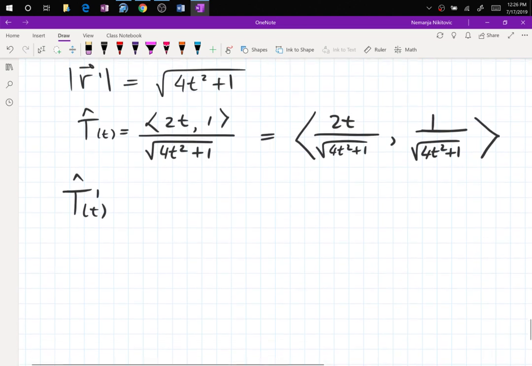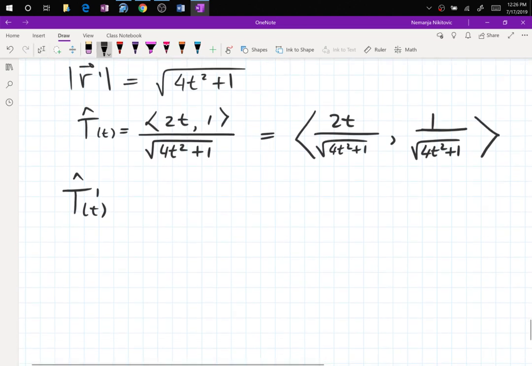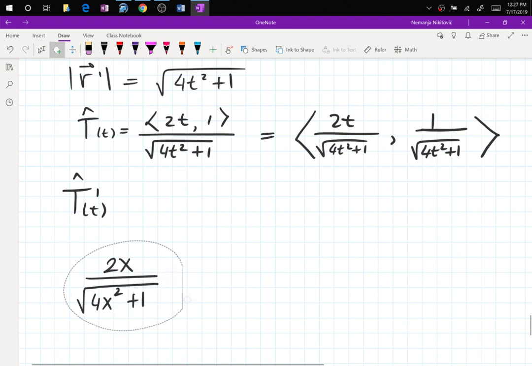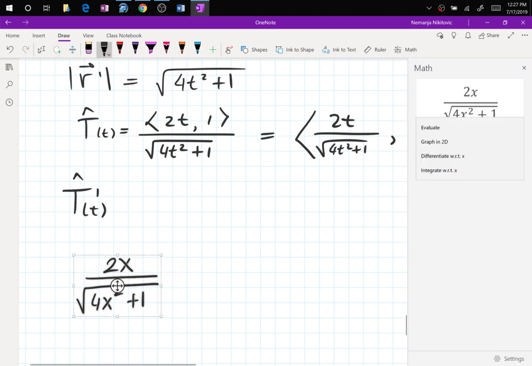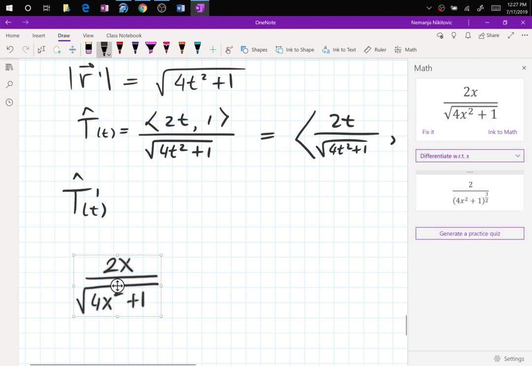Technically, I can recast this as 2x over the square root of 4x squared plus 1, just to take the derivative. I have a very quick way of taking these derivatives, because this is a quotient rule with a chain rule on the bottom with a square root, right? So the way you take this derivative quickly is you select it, push the math button over here, and select differentiate, and it gives you that.